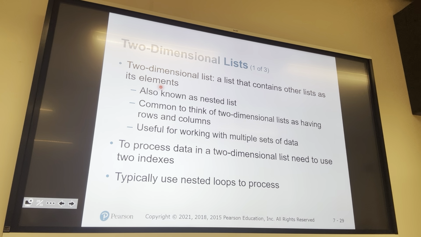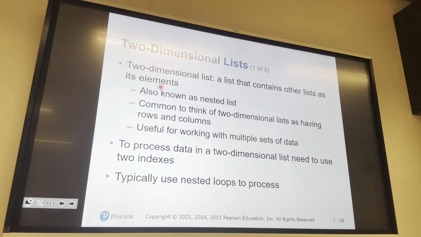A list that contains other lists as its elements. A list that has lists inside of it. If it's a 3-dimensional list, a list that has lists, and these lists also have other lists inside of them. A 4-dimensional list, okay, you get the idea, yeah? Also known as a nested list.